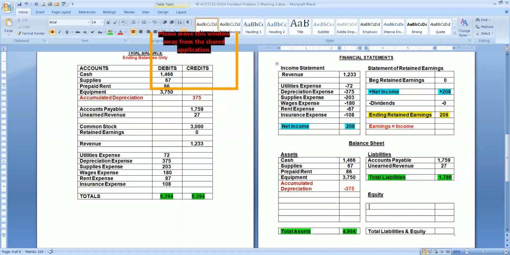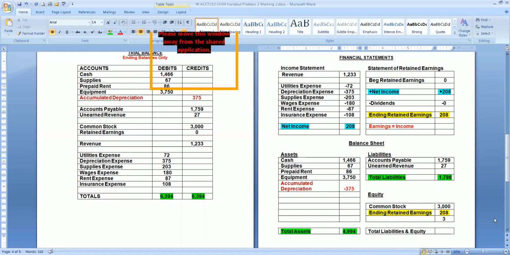And our equity, we have common stock, $3,000, plus, remember our retained earnings, the ending retained earnings, that's the owner's piggy bank, and they put $208 in their piggy bank.